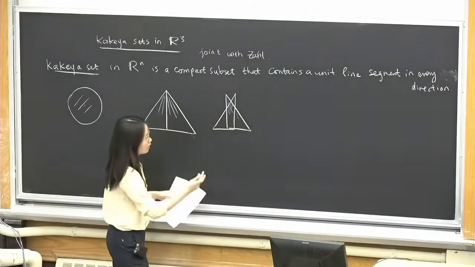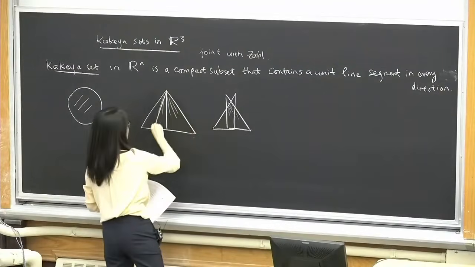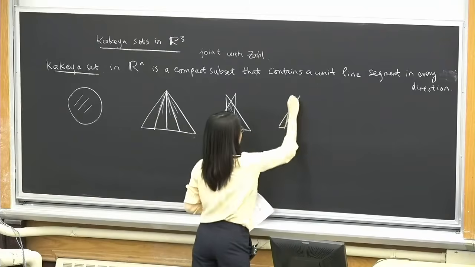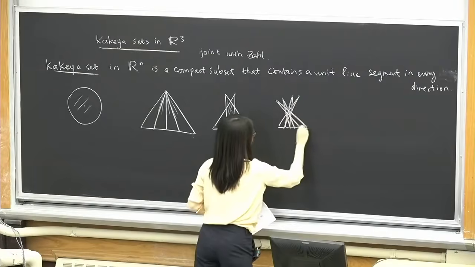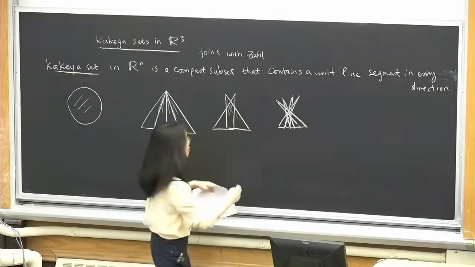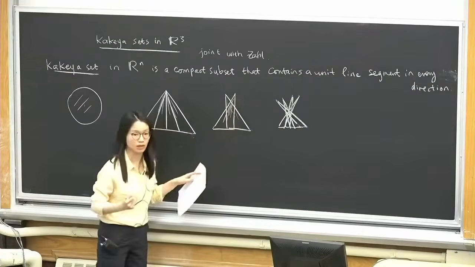becomes smaller. And we can iterate this process. Say, now we cut it into 4 parts. This is an example that has smaller and smaller area, but still keeps all the unit line segments in this 60-degree angle.